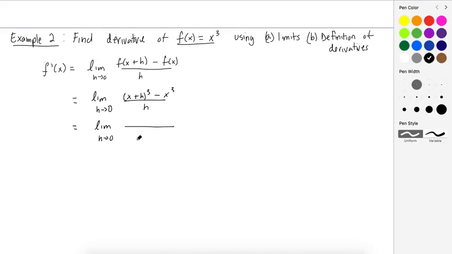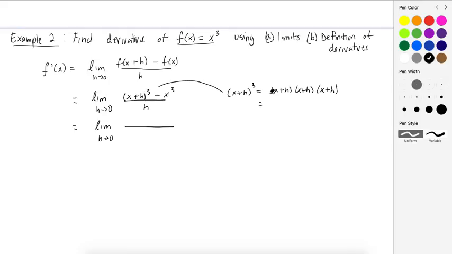So we know that x plus h to the power of 3, if we multiply it all out, would be equal to x plus h times x plus h times x plus h.